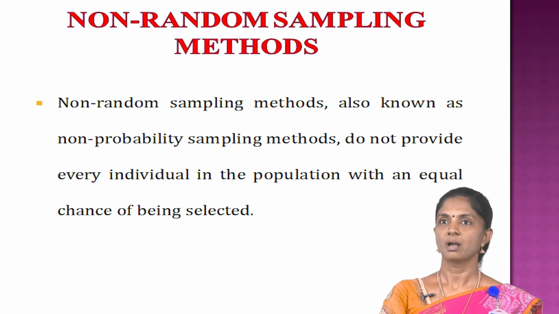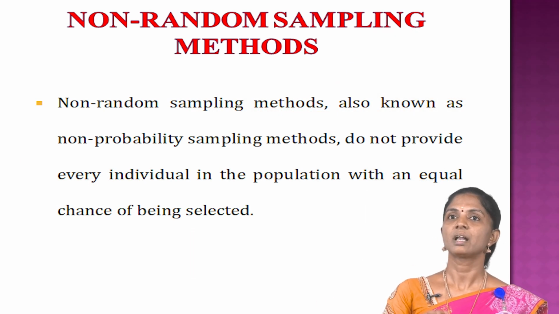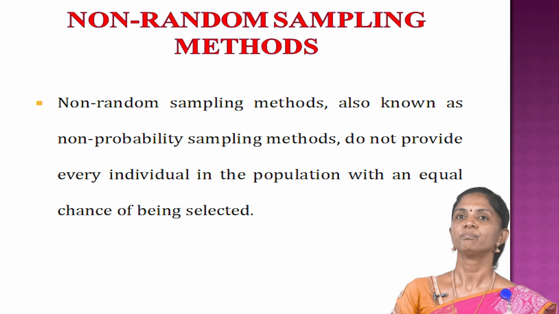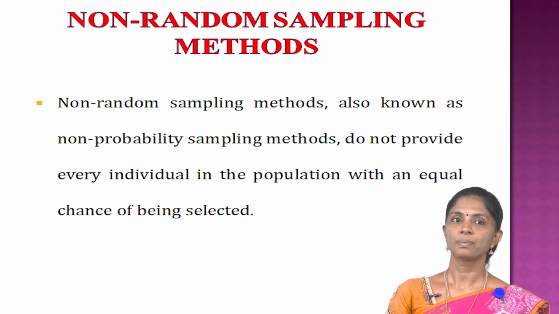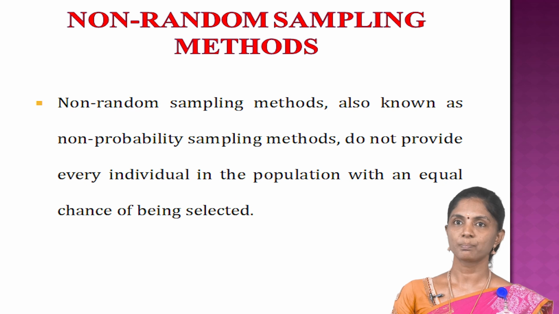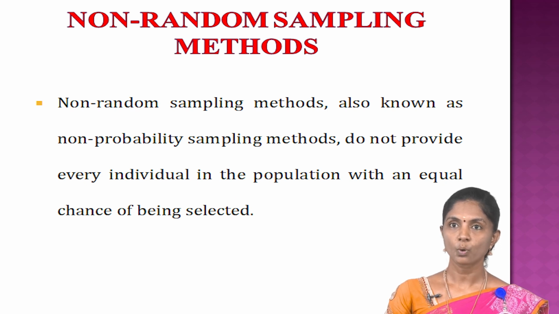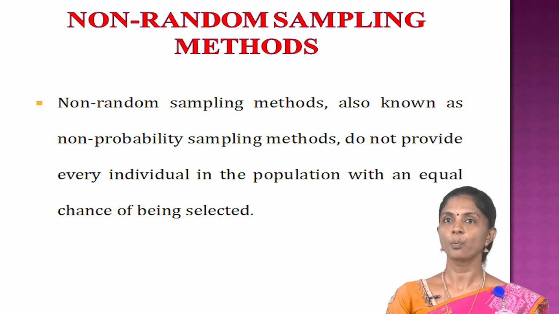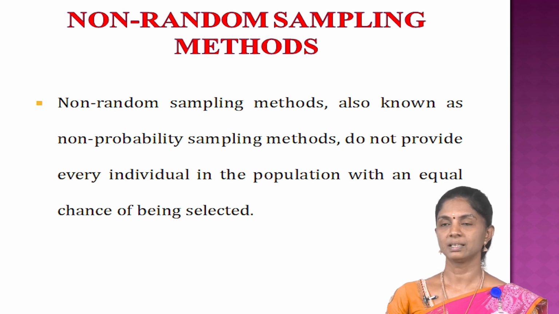The next one is the non-random sampling method. The non-random sampling method, also known as a non-probability sampling method, does not provide every individual in the population with an equal chance of being selected.